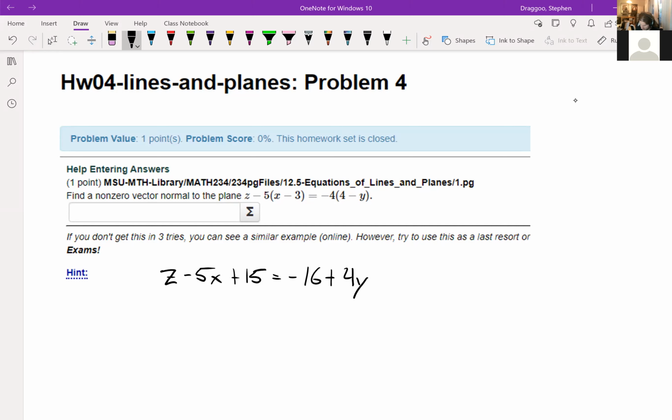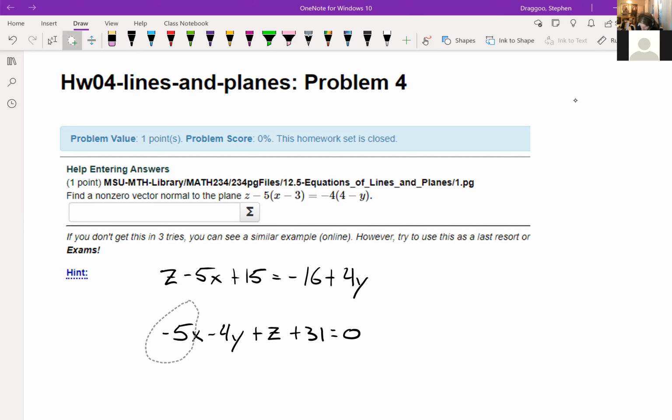Then reorganize some of these pieces. I've got -5x minus 4y plus z. And let's bring everything onto one side. Add the 16 over, that'll be plus 31 equals 0.